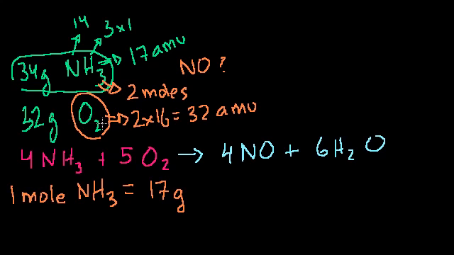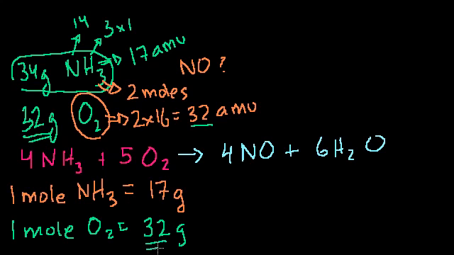One molecule of O2 is 32 atomic mass units, so 1 mole of O2 is 32 grams. How many moles of oxygen have we been given? Exactly 32 grams of oxygen, which is exactly 1 mole.